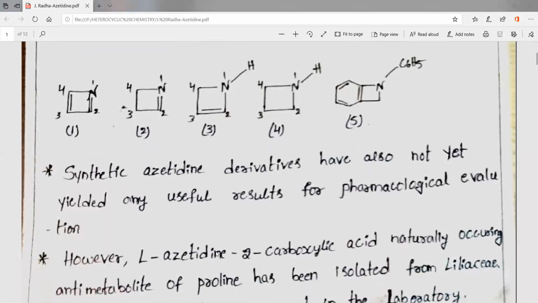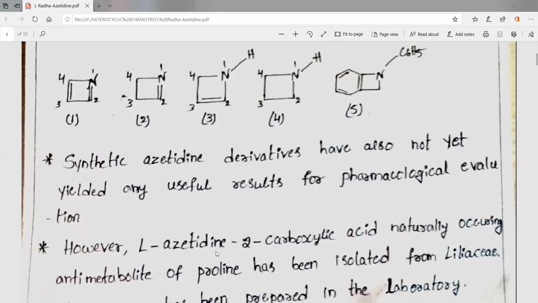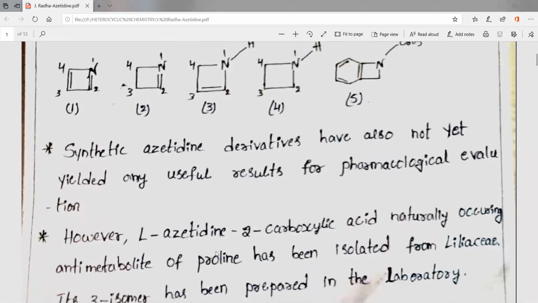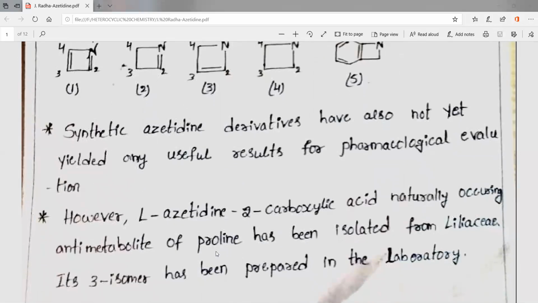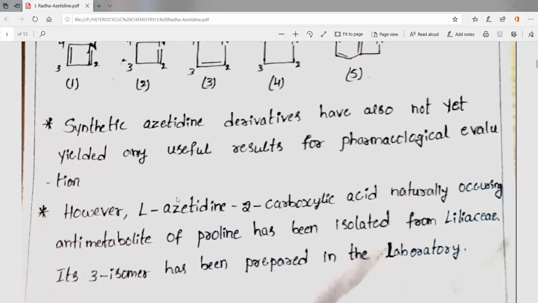Synthetic azetidine derivatives have not yet yielded any useful results for pharmacological evaluation. So azetidines do not have any pharmacological activity. So far they did not exhibit any pharmacological importance.